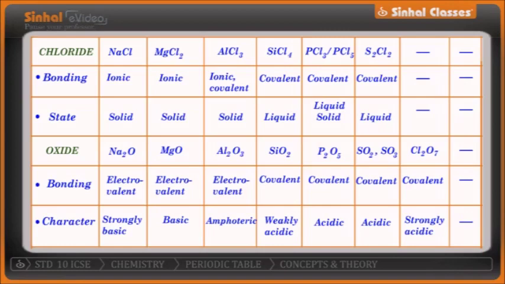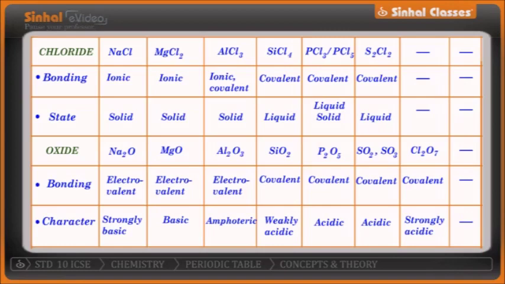Again the bonding will be: Na2O electrovalent bond, that is ionic bond, because it's a metal and a non-metal. MgO again electrovalent, Al2O3 again electrovalent, whereas SiO2, P2O5, SO2, SO3, Cl2O7, all of them will form a covalent bond.